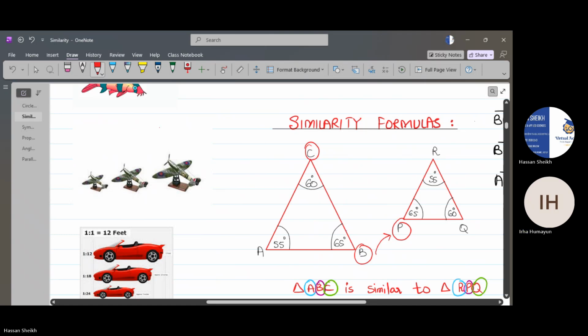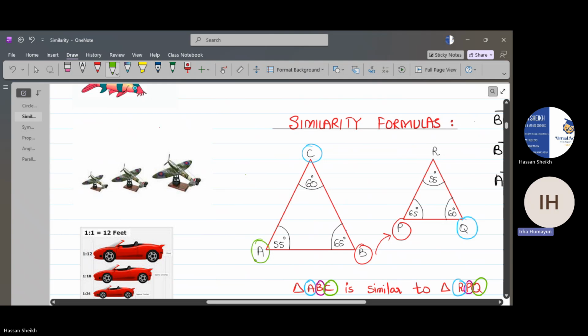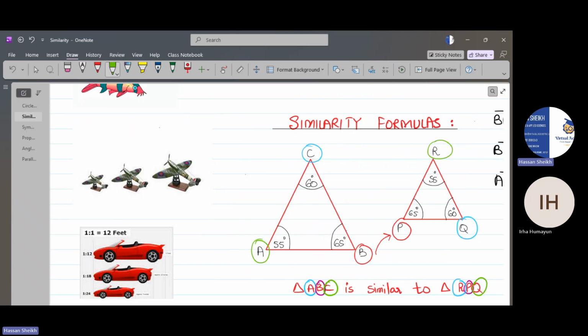Q. Exactly, Q corresponds to C. So obviously A would correspond to R. Now keep that in mind and tell me which side of triangle PQR corresponds to BC.